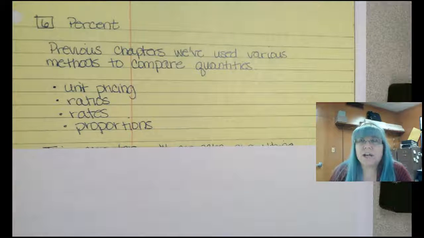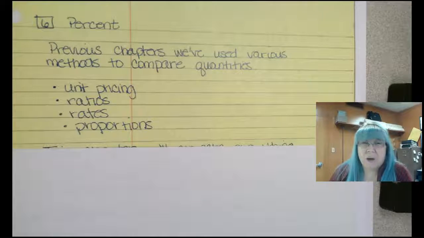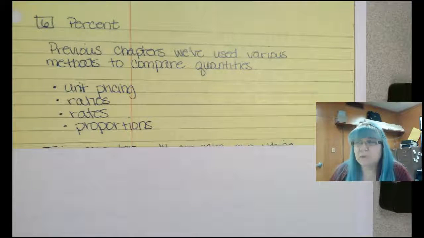Ratios were comparing maybe miles to other miles. Rates were maybe miles to the gallon or miles to the hour. And proportions were like similar figures, where it's proportionately comparing two ratios. Okay? Now we're going to work with percents.